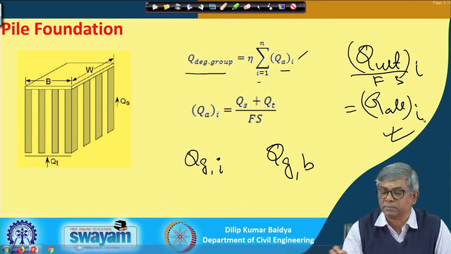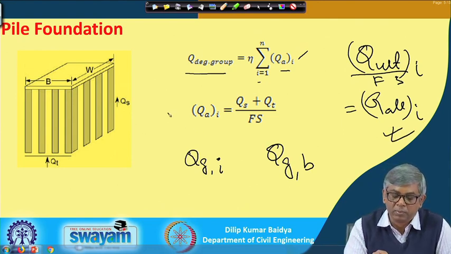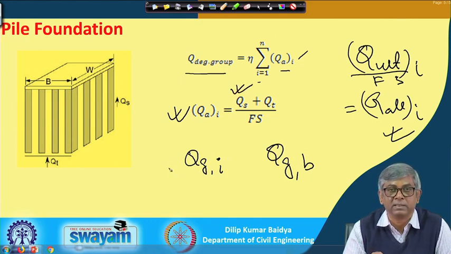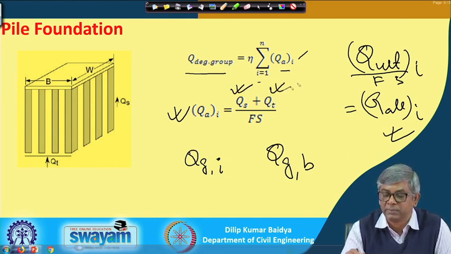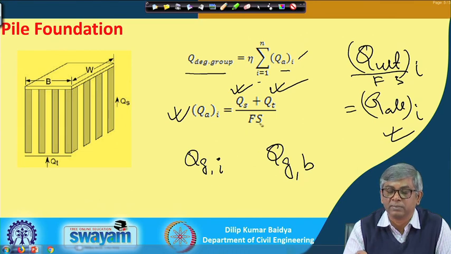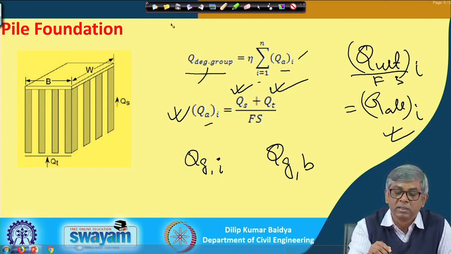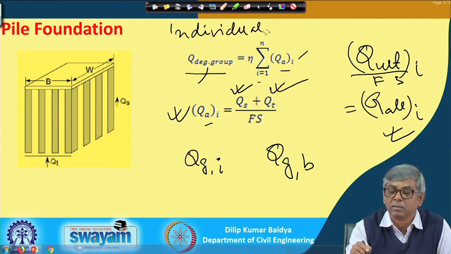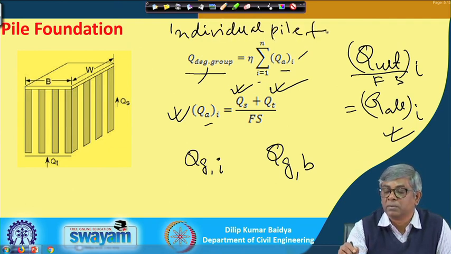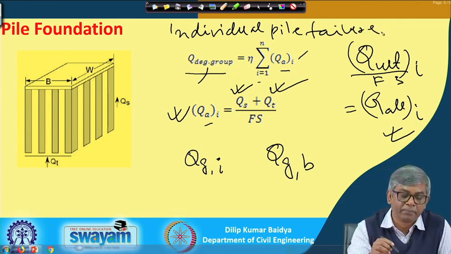And how to find Q A I? You have to find the individual pile skin friction and individual pile tip resistance, then apply the factor of safety, and based on that you will get Q A I. So, that is the design value of the group based on individual pile failure.